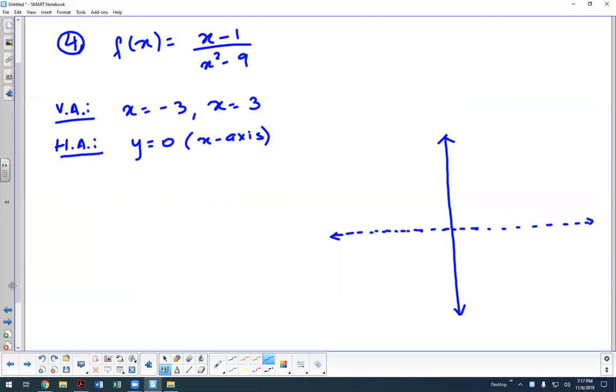Let me do this a little bit. Okay, so at +3 and -3, we have our vertical asymptotes. So let's say 1, 2, 3, 1, 2, 3. So again, at +3, you want to draw your little dash lines.